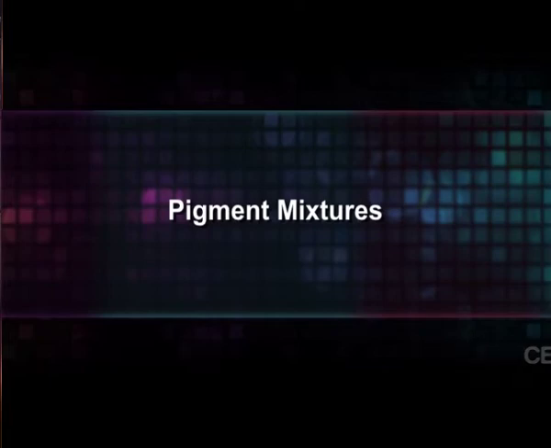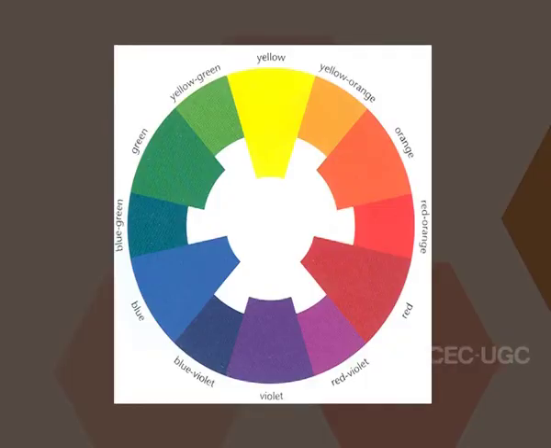Pigment mixtures. Transparent watercolors mix according to subtractive principles. There are many pigments that are not transparent. Opaque pigment particles may cover one another so that only the top layer will reflect certain wavelengths. When placed side by side, they will produce results according to the additive mixture principle.